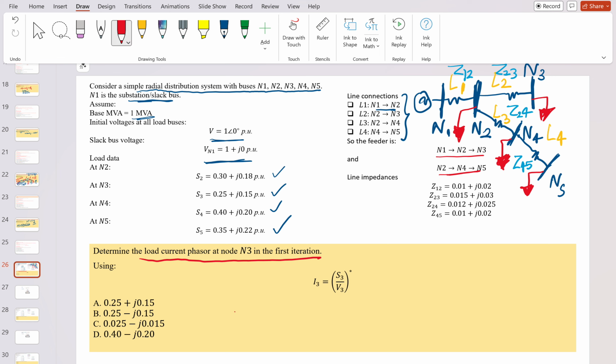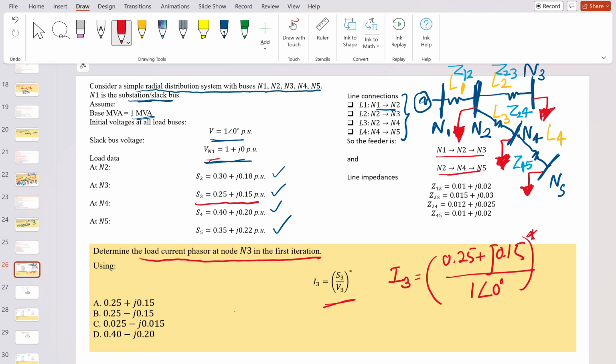Okay, let's try to solve this. So I3 is equal to S3 by V3 conjugate. What is the S3 given? S3 is given here, it is 0.25 plus j 0.15. And V3, the initial voltage, is 1 angle 0 degrees.